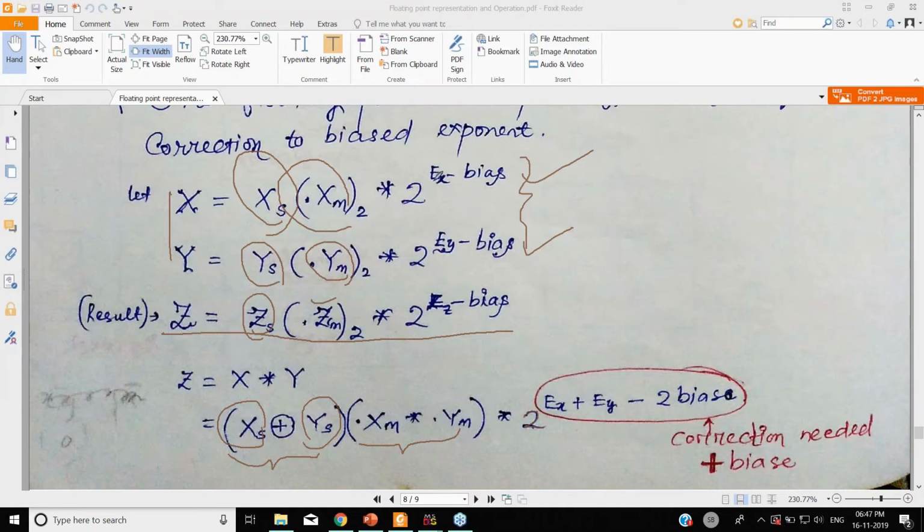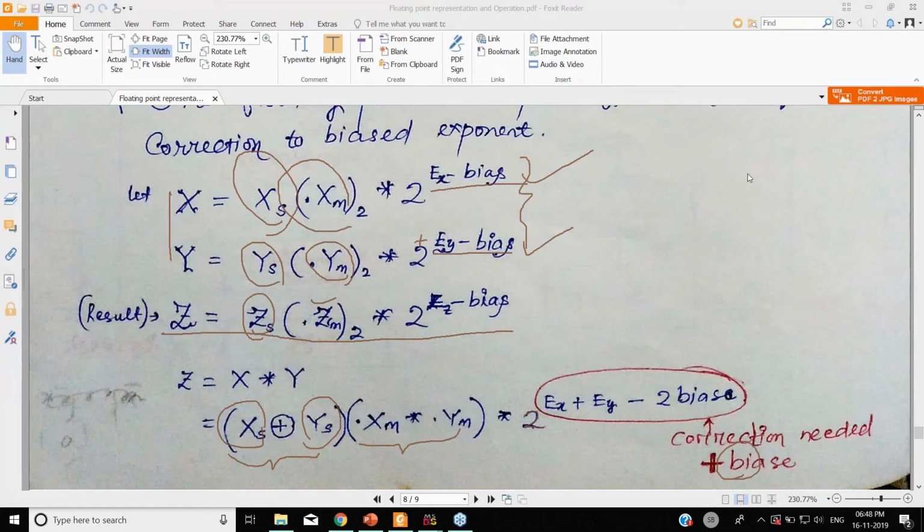While adding, it will become Ex plus Ey, Ex minus bias plus Ey minus bias. This will become Ex plus Ey minus 2 bias. This should be one bias, so we can add one bias to it and it will become Ex plus Ey minus bias. This is how we do.